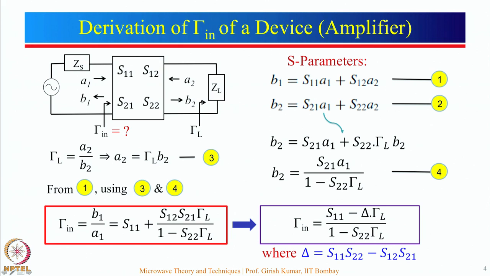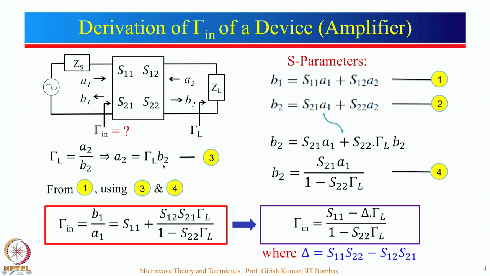Looking at this side, the reflected wave will be A2, and the incident wave will be B2. So, gamma L is A2 divided by B2, and from here A2 is equal to gamma L times B2.